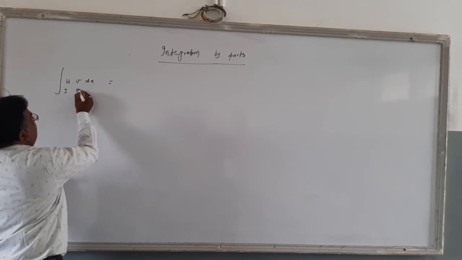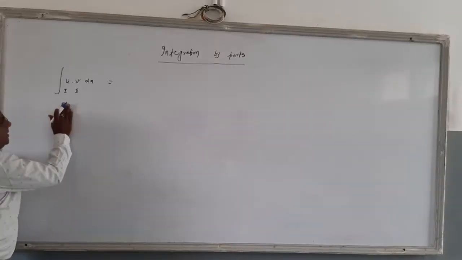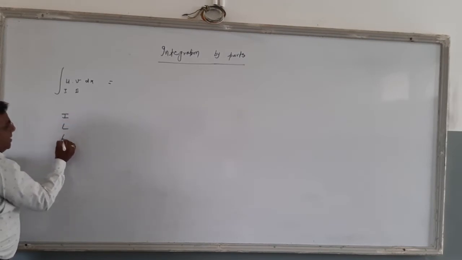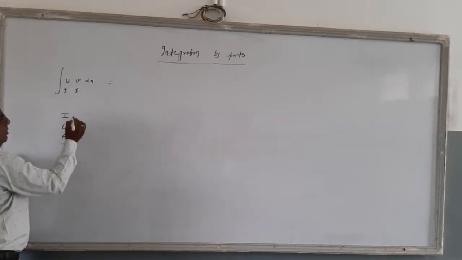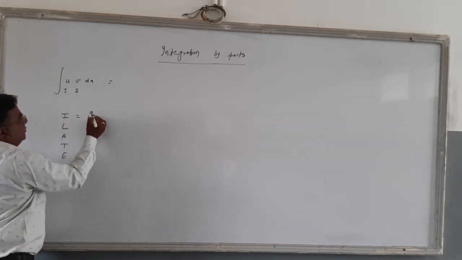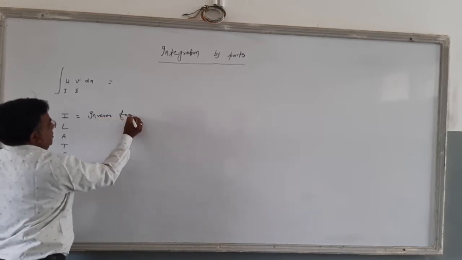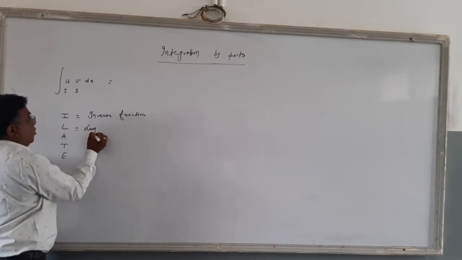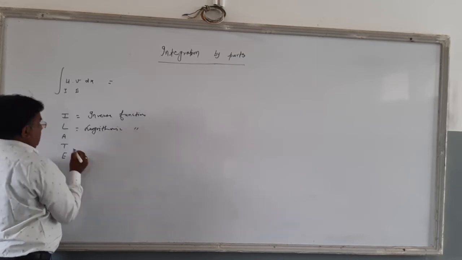First, to decide the first and second function, we use the ILATE rule. I-L-A-T-E. What is the ILATE rule? I is the inverse function. L is the logarithmic function.